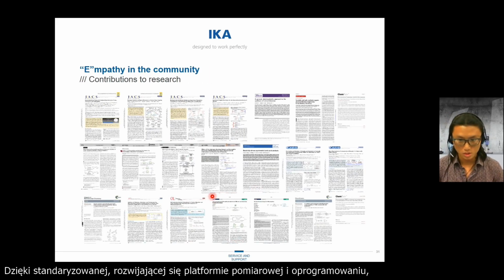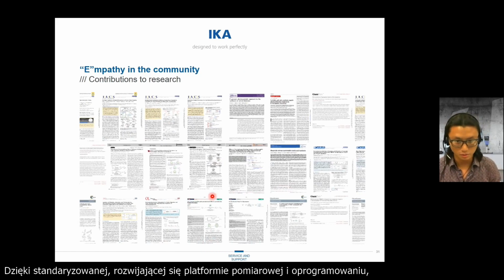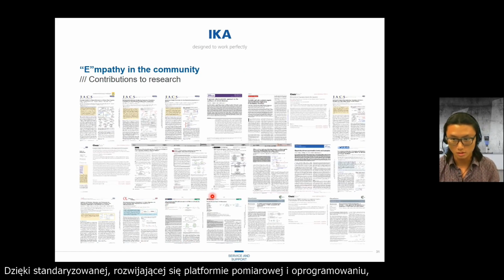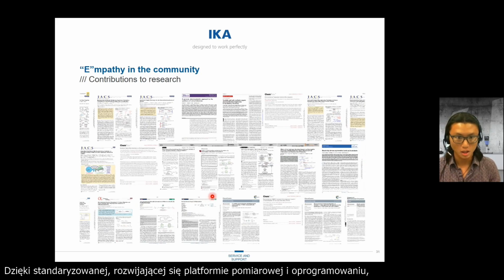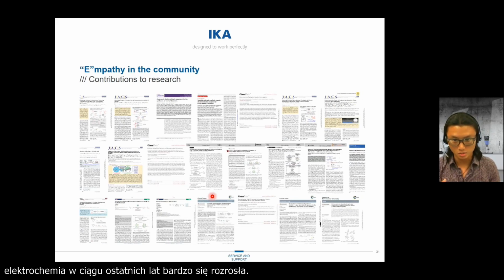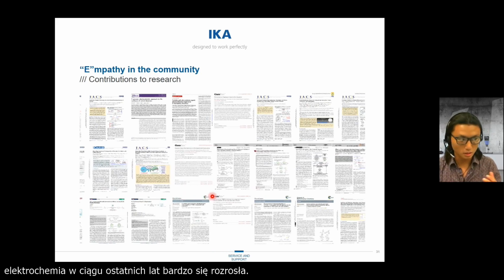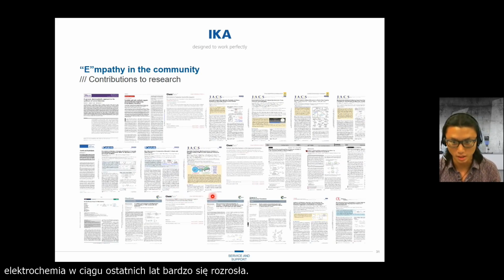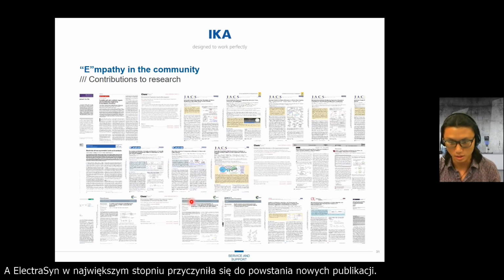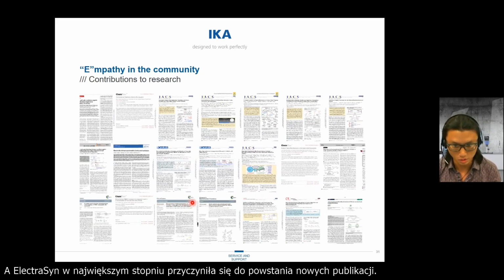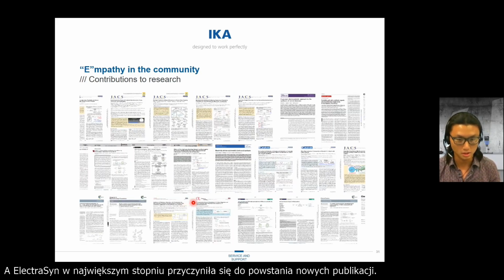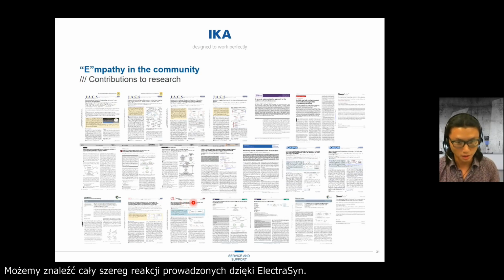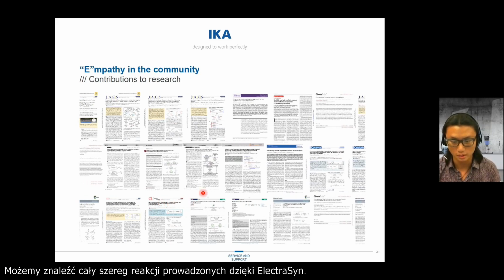So with standardized platforms with evolving devices and software, electrochemistry has been growing vastly in the past few years, and electricity has been a major contribution in the publications. There are a lot of reactions invented by electricity.